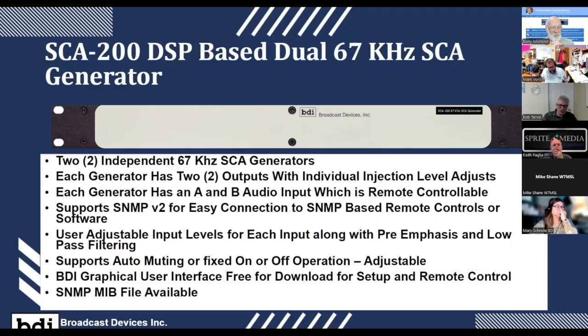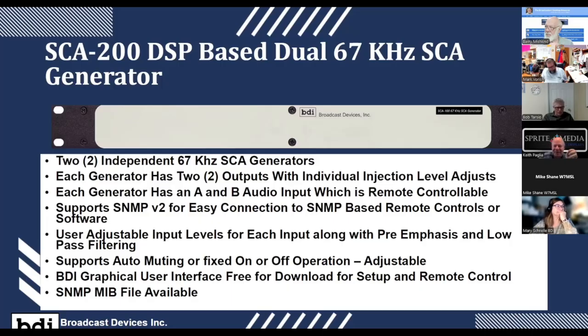Well, what happens if there's an EAS alert? Wouldn't it be good to have the EAS generator output feed that B input, with a means of controlling it to do that? So that's why we added the B input. We thought that would be a good thing to have. Of course, you don't have to use it that way. You could have a main and a standby audio feed, I suppose, but we thought that was a good use for it.